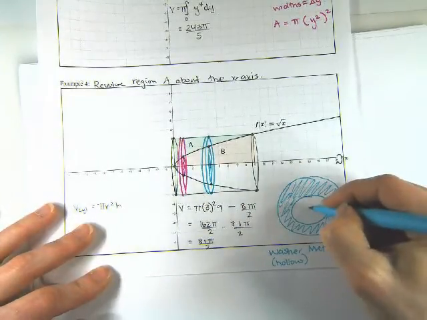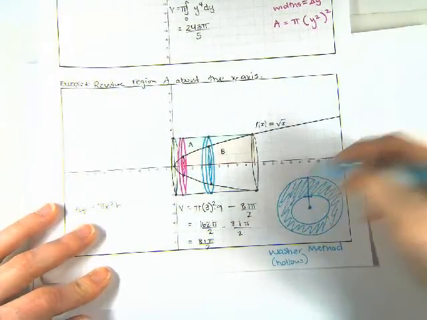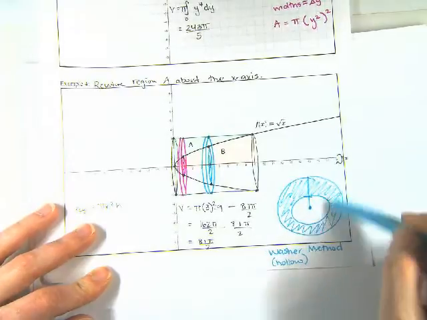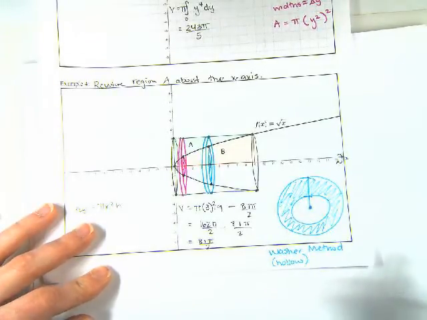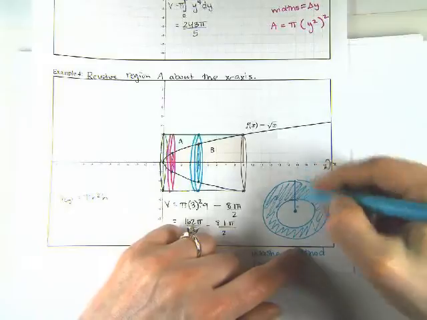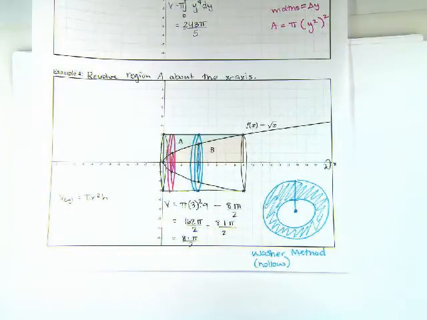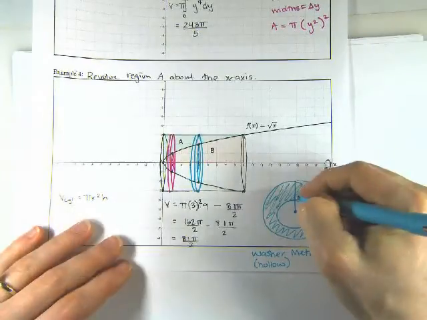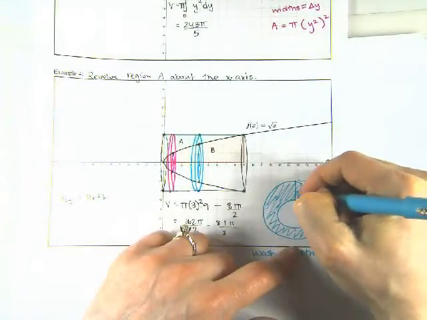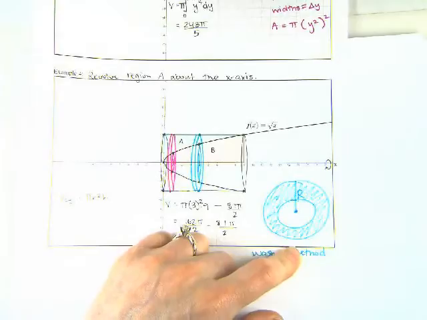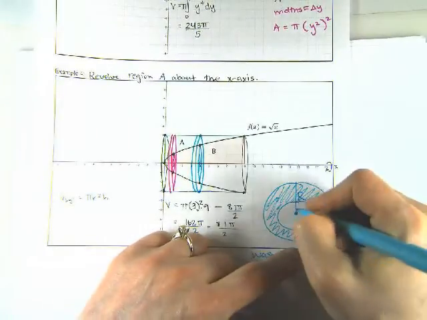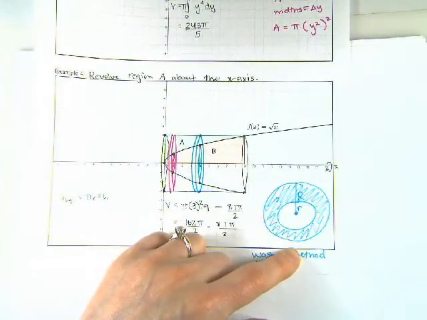The way that we can find the area of just the shaded region, what do we think? Yeah, pi r squared minus pi r squared, where the two r's are different. Here's how we usually approach this: we call this capital R. Capital R is the big radius, and lowercase r is the little radius.